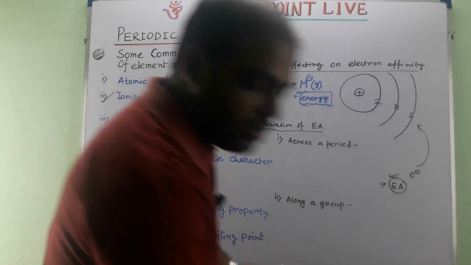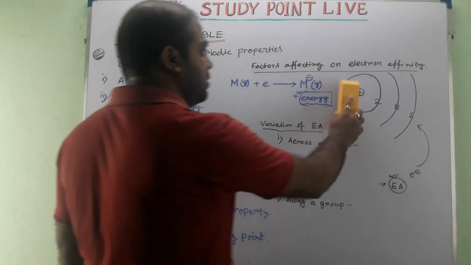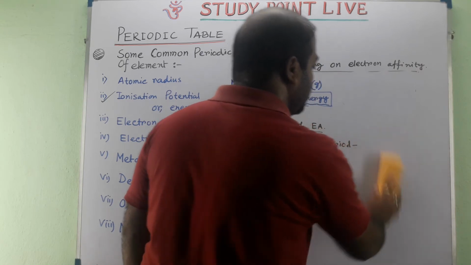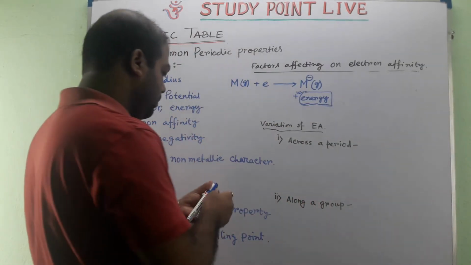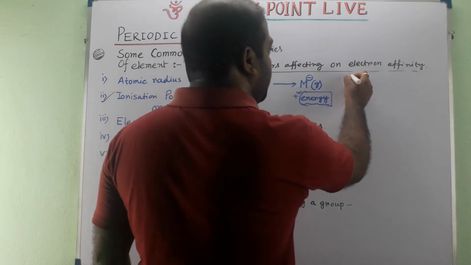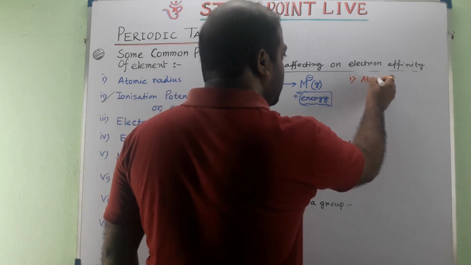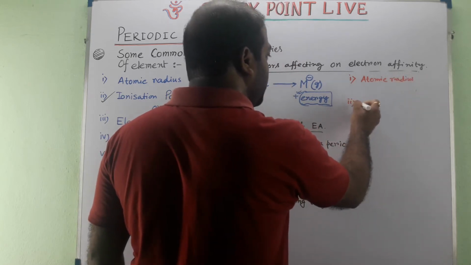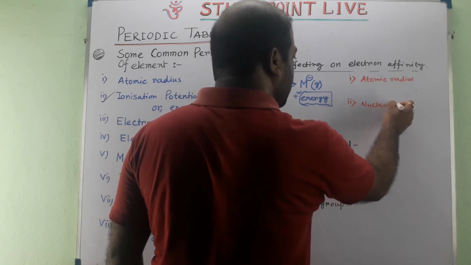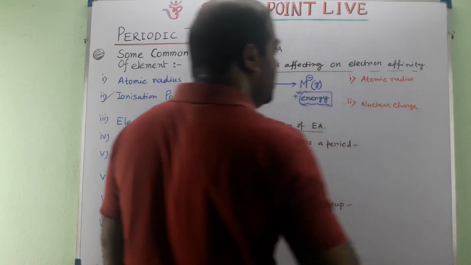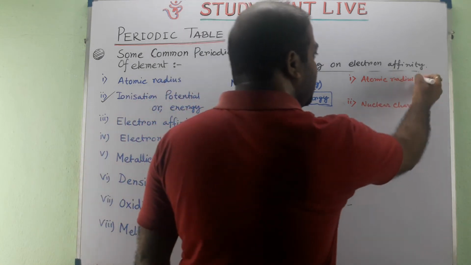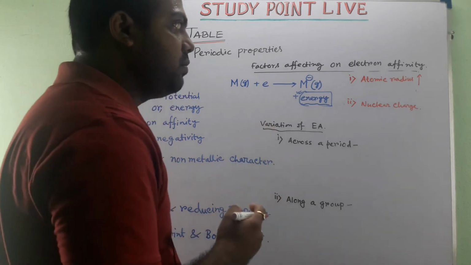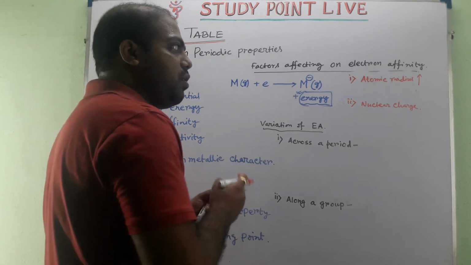So we are going to discuss the factors on which electron affinity depends. First of all, the atomic radius, and the second one is nuclear charge. If atomic radius increases, then the last orbit of that atom is far apart from the nucleus.